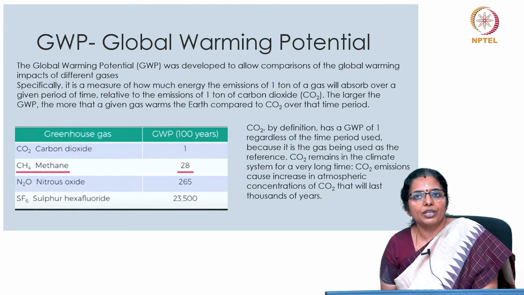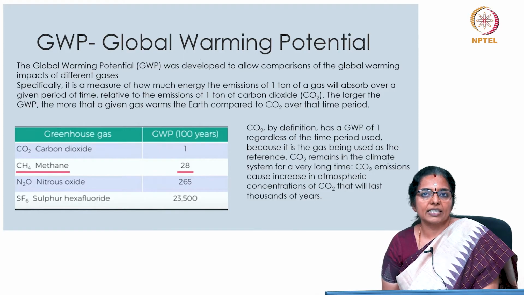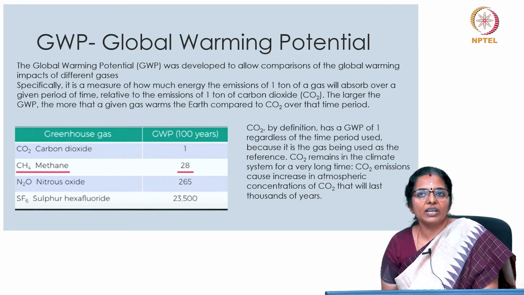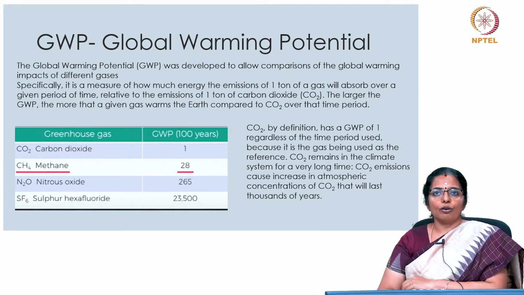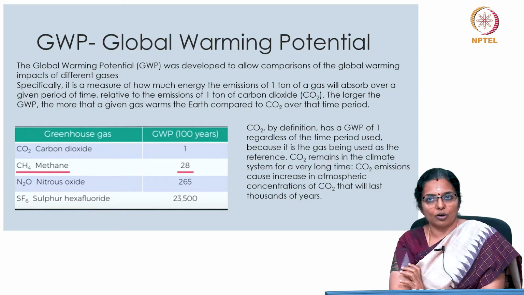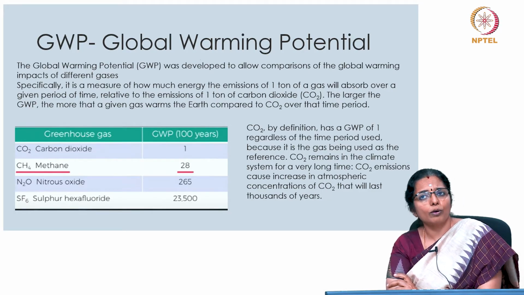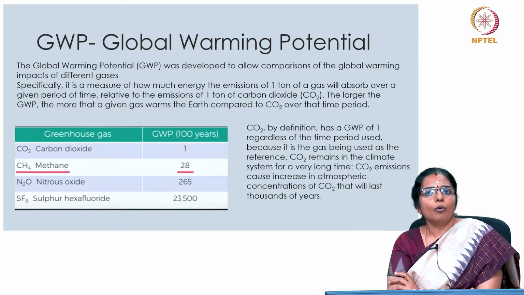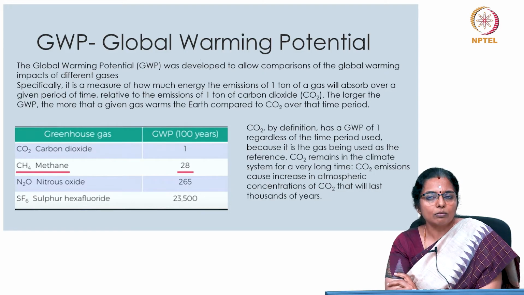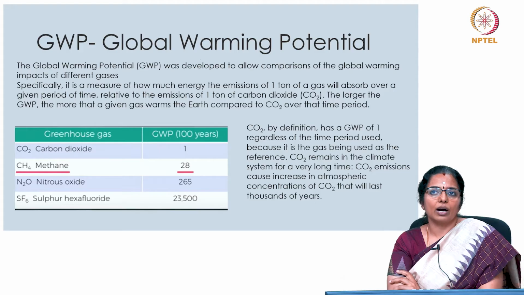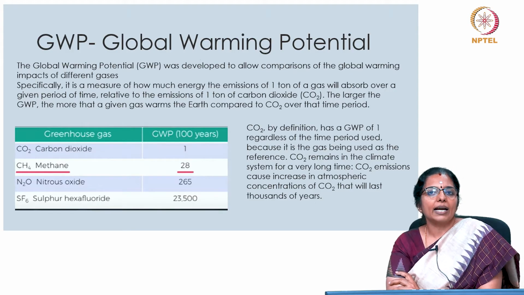Specifically, it is a measure of how much energy the emission of 1 ton of a gas will absorb over a given period of time relative to the emission of 1 ton of carbon dioxide. The larger the GWP, the more that a given gas warms the earth compared to carbon dioxide over that time period.